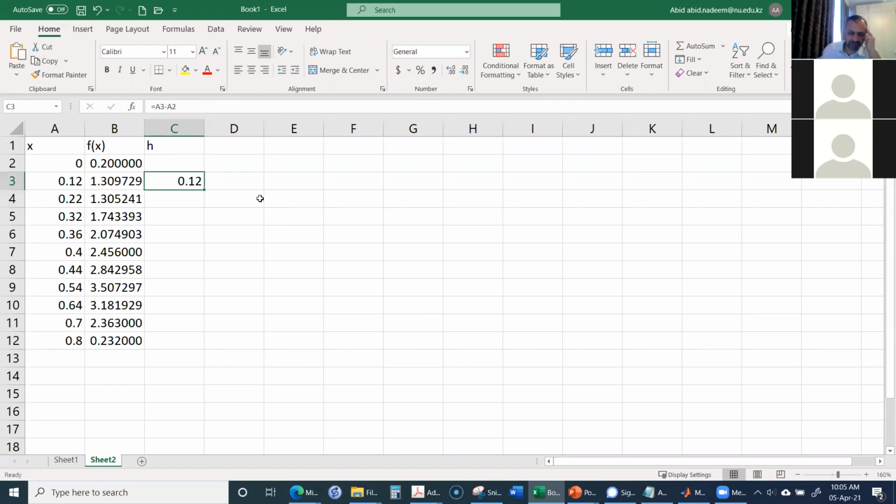And then in this way, using Excel, we can find the values of h. Okay. So here you can see that the values of h are 0.12, 0.1, 0.1, 0.04, 0.04, 0.04, 0.1, 0.1, 0.6, and 0.1 again. So the values of h are changing.